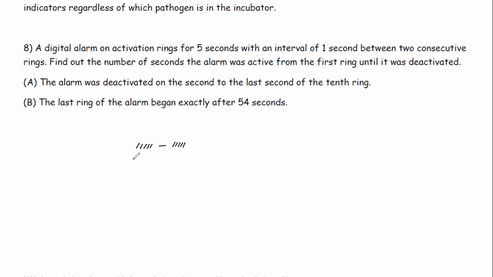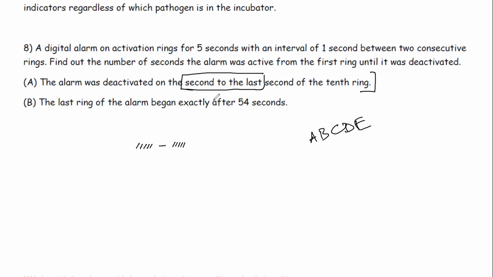All right. So can we get to the answer? Let's figure it out. The alarm was deactivated on the second to the last second of the 10th ring. Again, confusing, convoluted language used here.